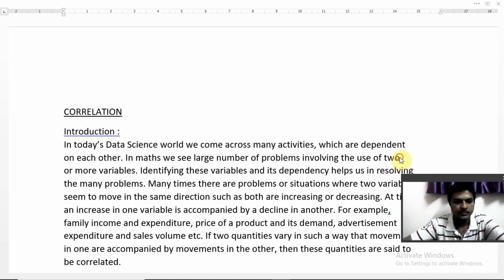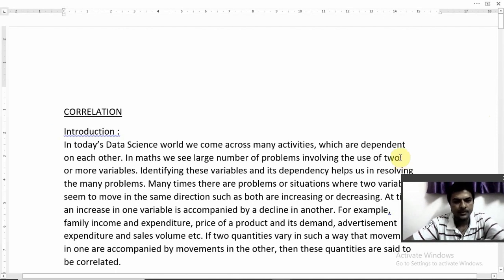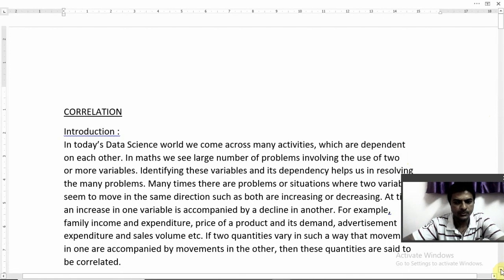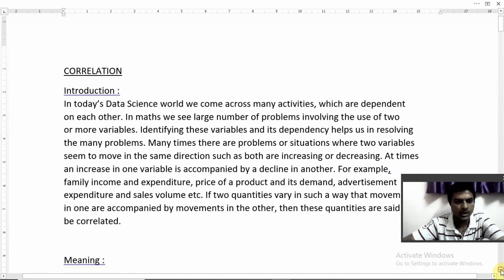You can see many times there are problems or situations where two variables seem to move in the same direction, such as both increasing or decreasing. Yes, one may be increasing and another decreasing. Depending on this, we choose the variable.